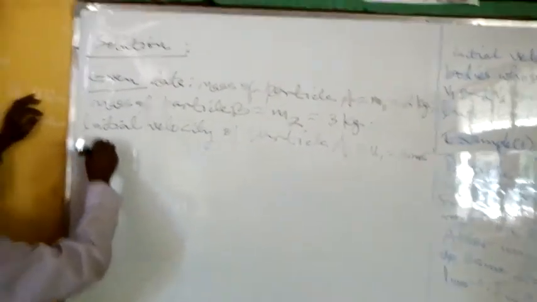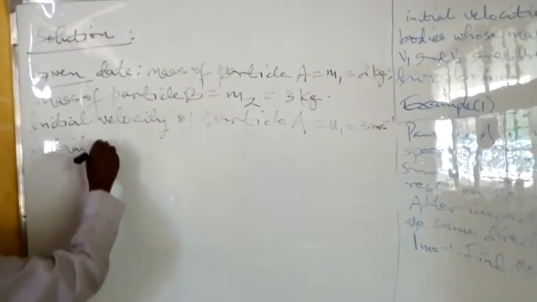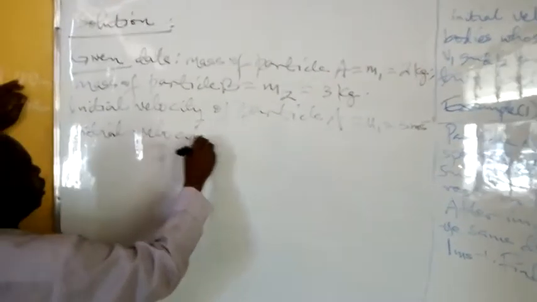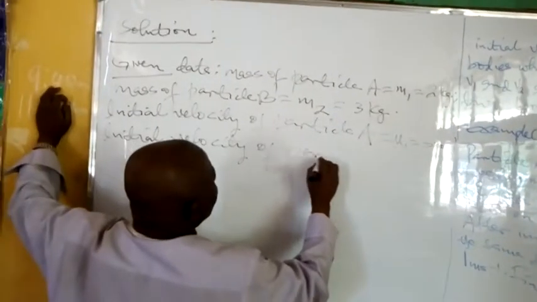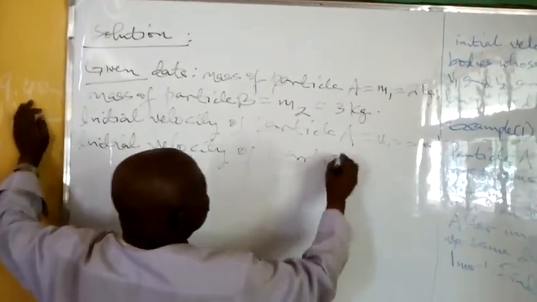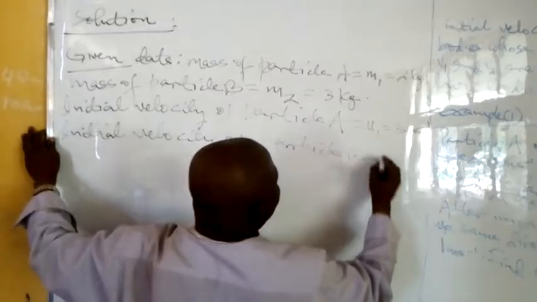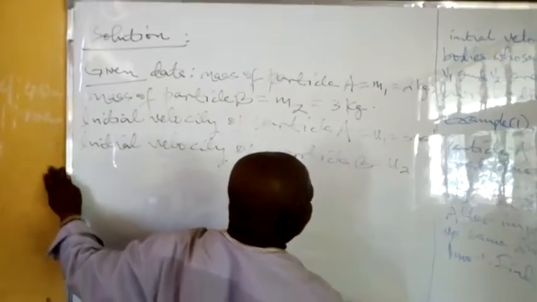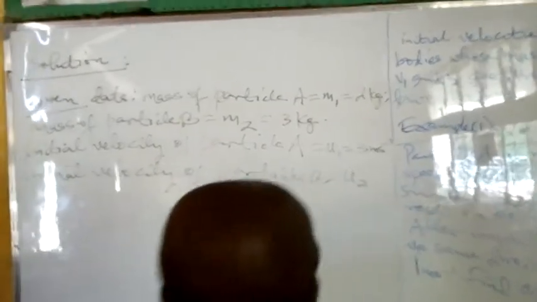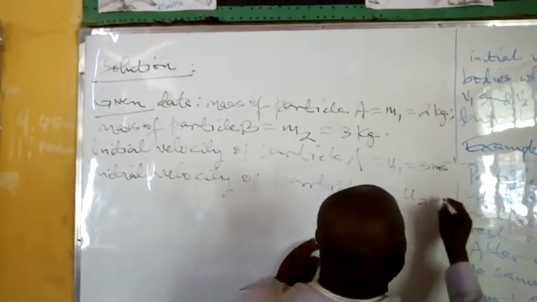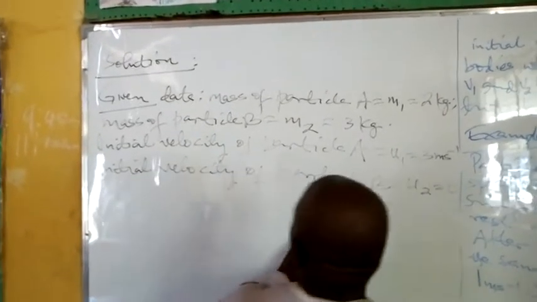Initial velocity of particle B is equal to u2, which is equal to 0, because we're told that particle B is at rest.